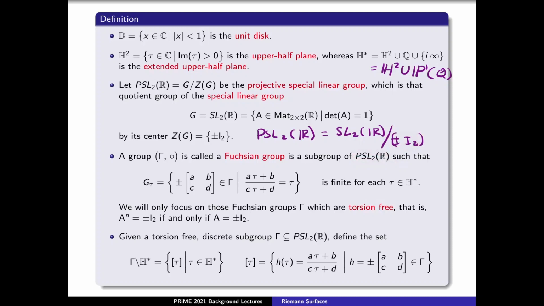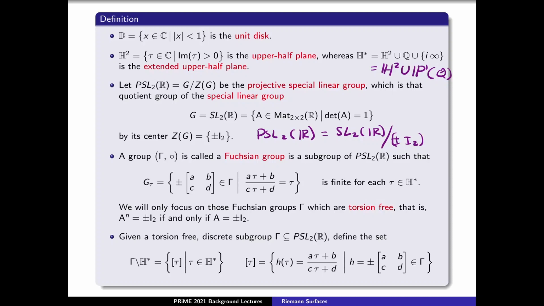So A, B, C, D and its negative are essentially viewed as the same element inside PSL2R because we're looking at this as a quotient group. And so G tau is the collection of all matrices such that A tau plus B over C tau plus D is equal to tau. And this here is going to be finite for every tau in the extended upper half plane. And so we will discuss tomorrow where this terminology is coming from.